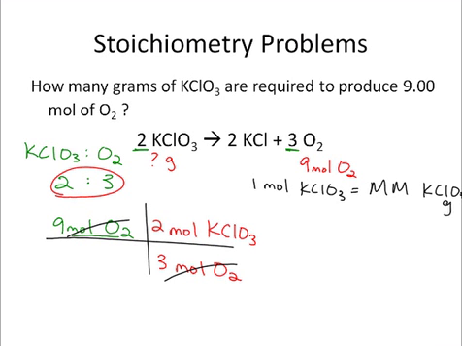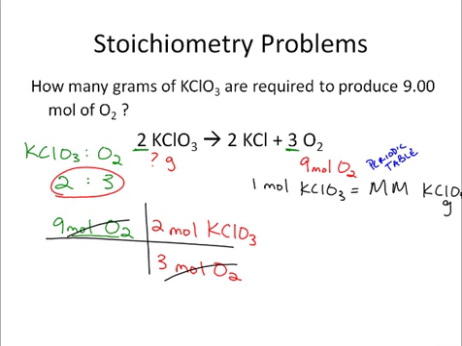So the next thing we need to do is we need to reference our periodic table to look up the molar mass of KClO3. So you look that up. I'll give you guys a couple seconds to start looking those things up.